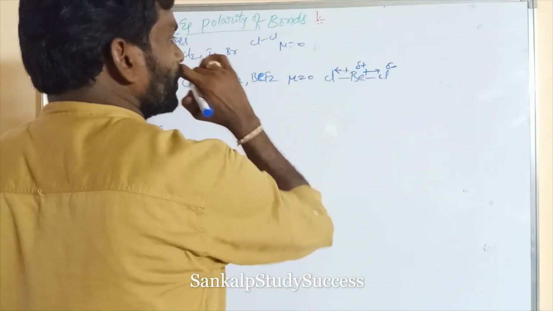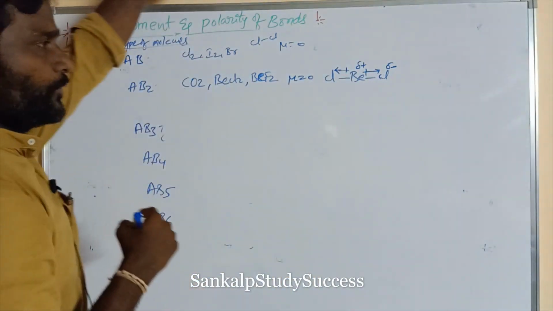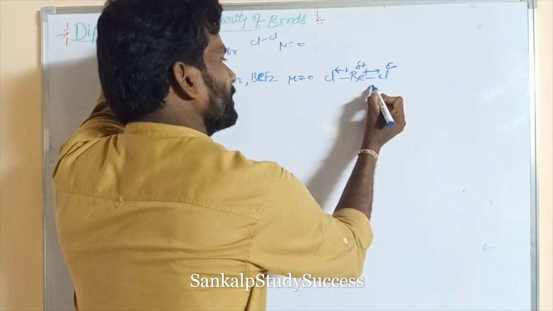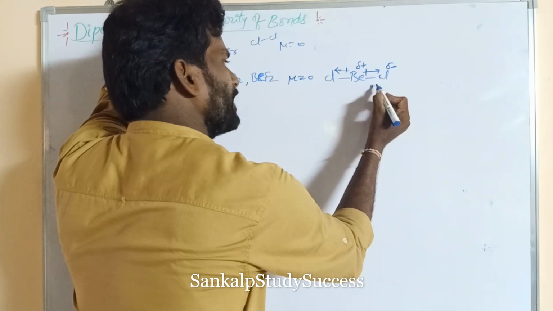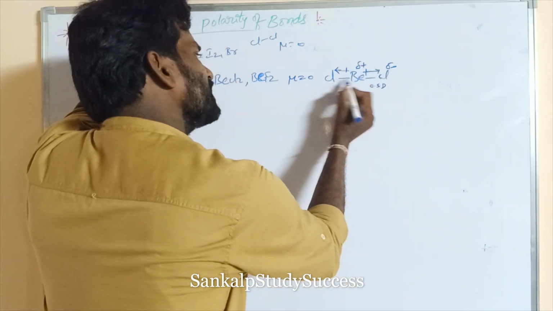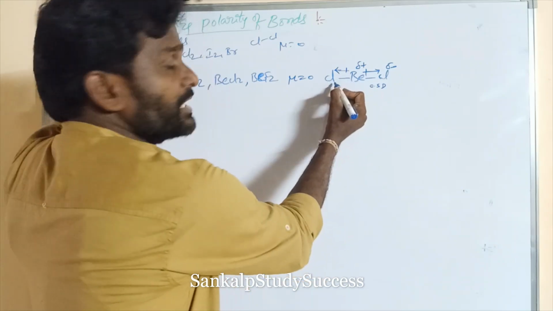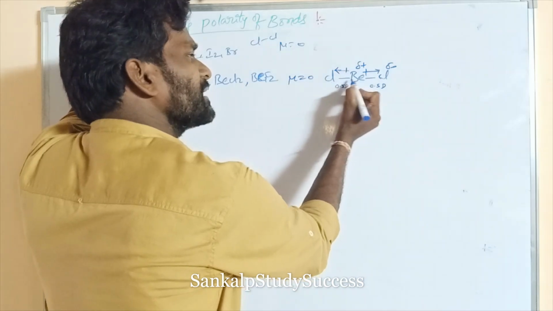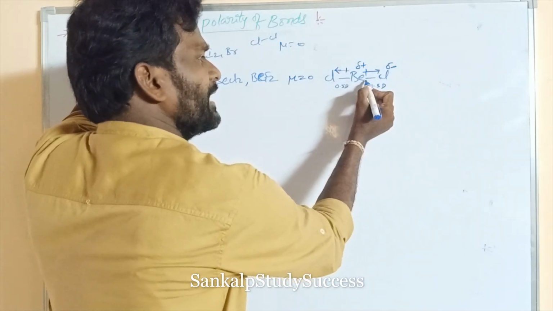Now the net dipole moment of this molecule has some value, like 0.5 debye, for example. Similarly, this is also a Be-Cl bond, and its dipole moment is also the same, because these two bonds are equal.